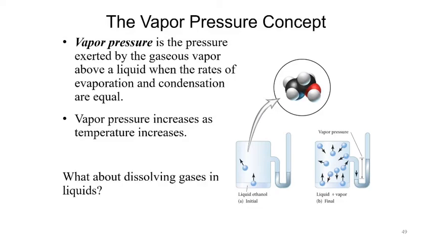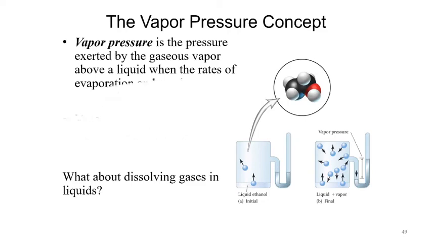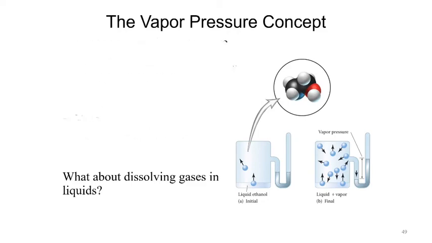Okay. As a slight side note, which we will discuss later in the semester, what about dissolving gases into liquids? Okay, so this isn't really vapor pressure, but we've looked at something kind of similar to this, and it's a similar concept. What happens if we dissolve solids into liquids? Okay, and in particular, what we're referencing is with temperature.